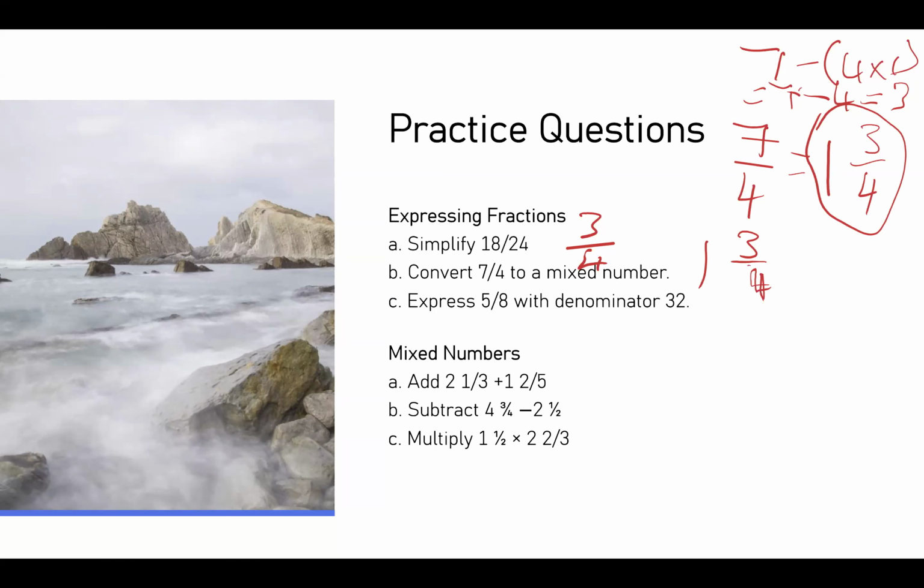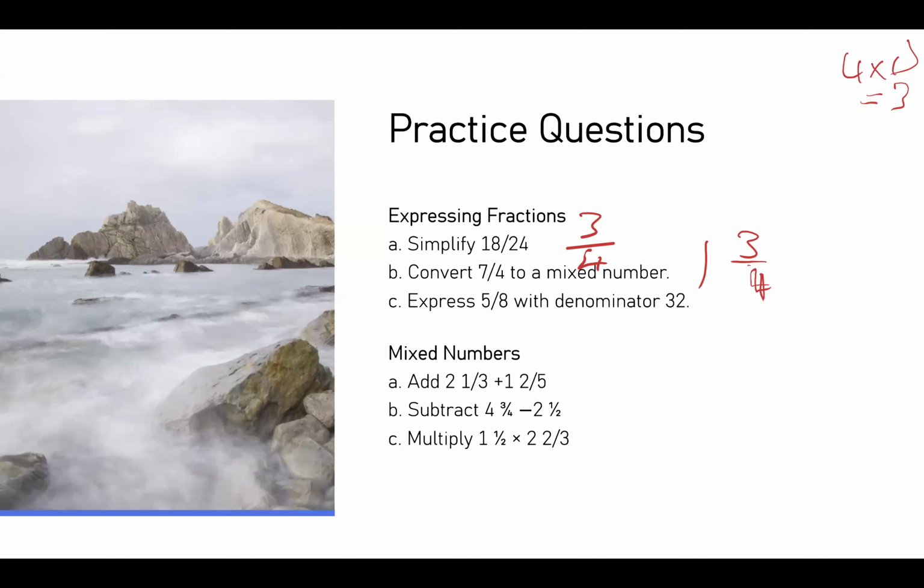Express 5 over 8 with a denominator of 32. All we need to do here is find out how to get the bottom number to 32. Now we want this number to be 32. So I would do 32 divided by 8, which equals 4.